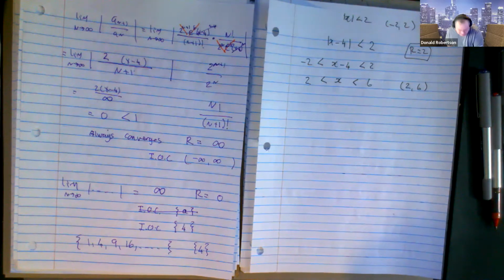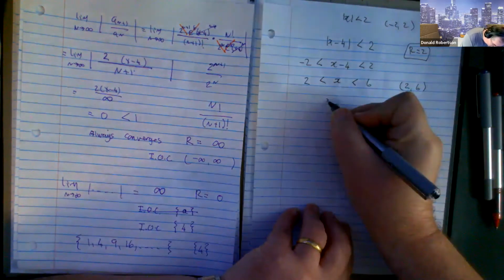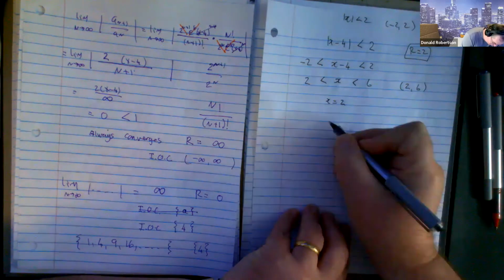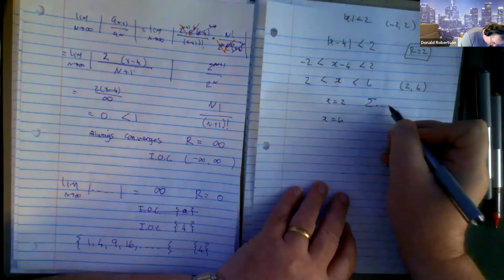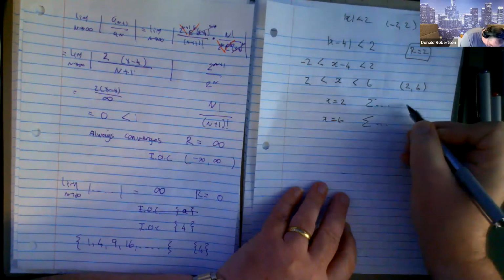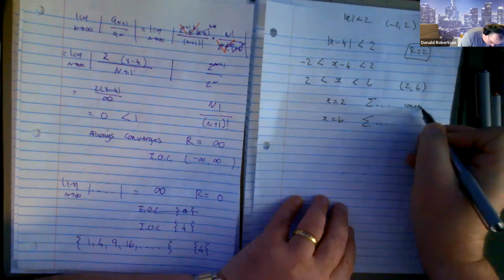And I wish I could say that's the end of the line, but a lot of people forget that when you do an interval of convergence, don't you have to test the 2 endpoints? And what that means is you have to check what x equals 2 is like and what x equals 6 is like. So you do it to one and then you do it to the other. And it is possible that that one might converge, right?